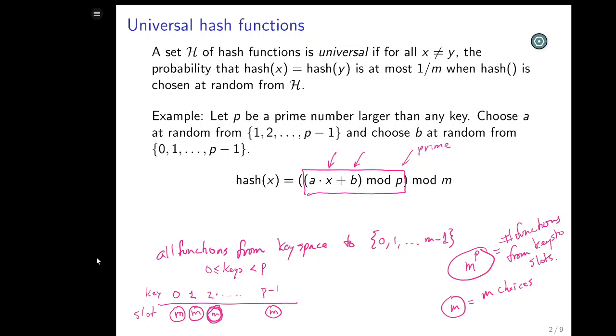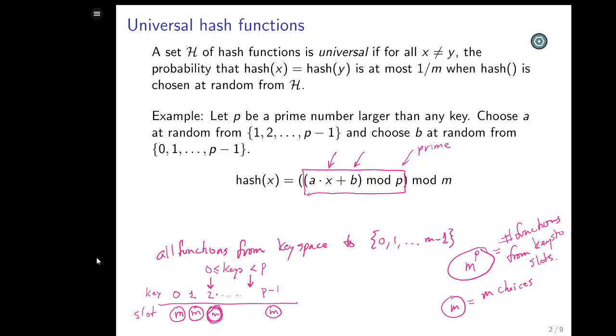So how does the set of all functions in the key space satisfy the property? The property is I pick an x and I pick a y that's different. So it's like saying I'm looking at two different keys in my key space, and I look at what the values are associated with those keys by the hash function, but I pick the function at random, uniformly.